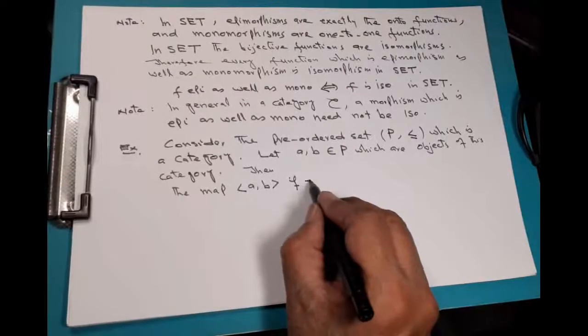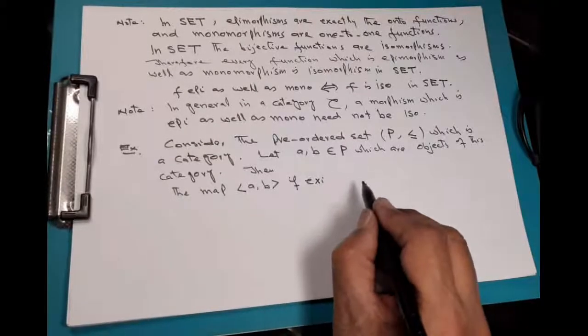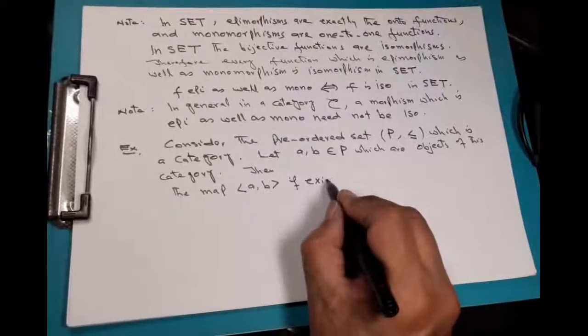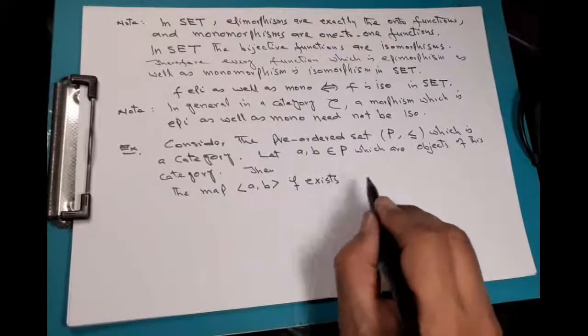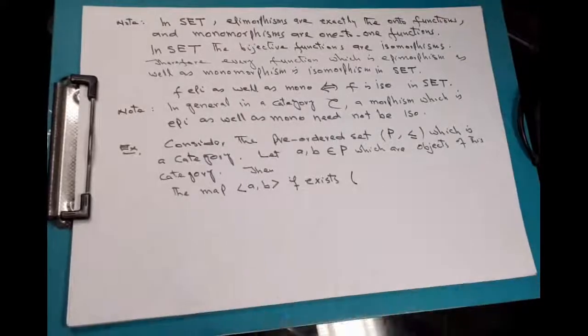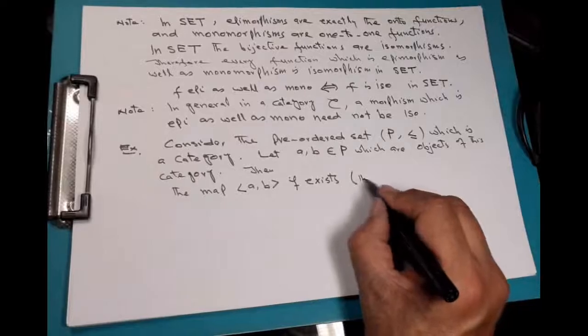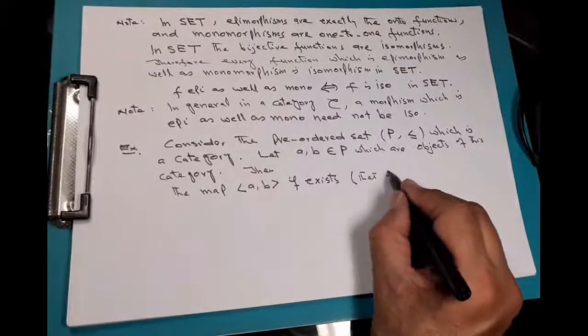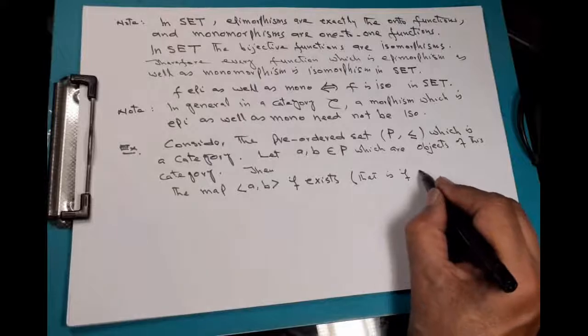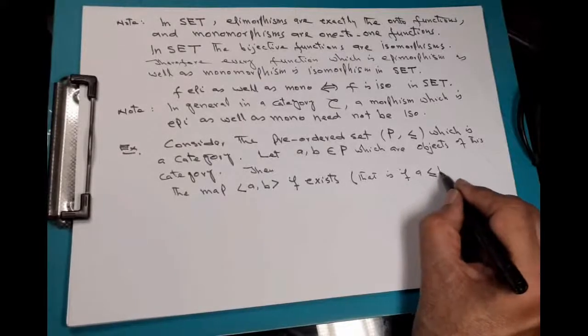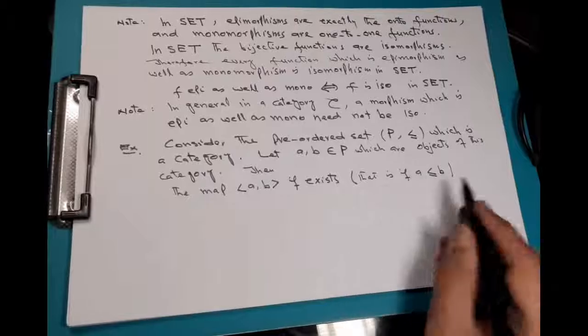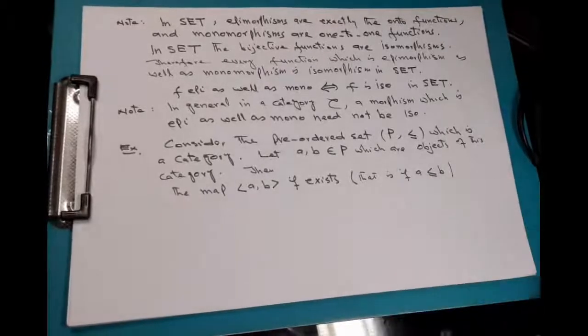If this map exists, in order to say that this map exists, this means that A is related with B. We say that a map from A to B exists if A is related with B. And if A is not related with B, then there is no map from A to B. This is our definition.